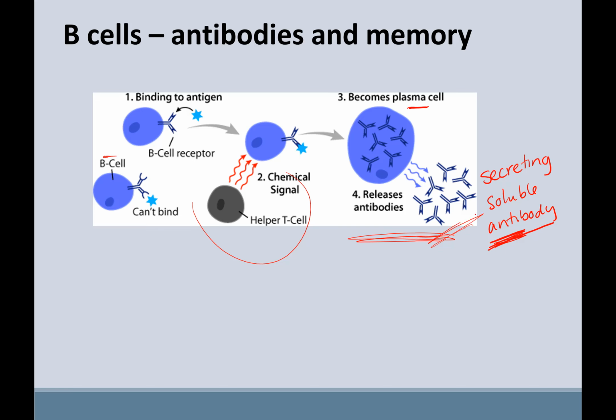Because these are long-lasting and they're circulating, you can detect what people have been exposed to. Remember that these plasma cells are now going to be our memory cells, so they're going to continue dividing, releasing antibody, and preparing us for that second attack or exposure.